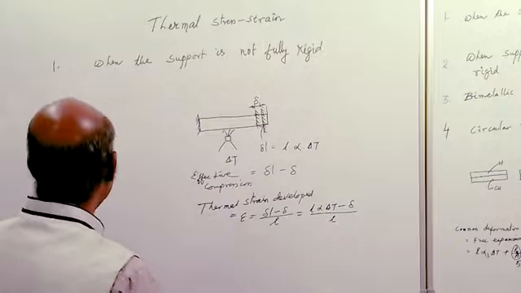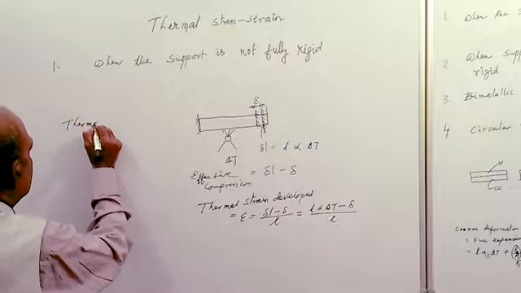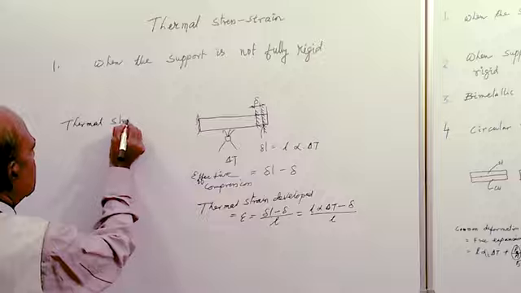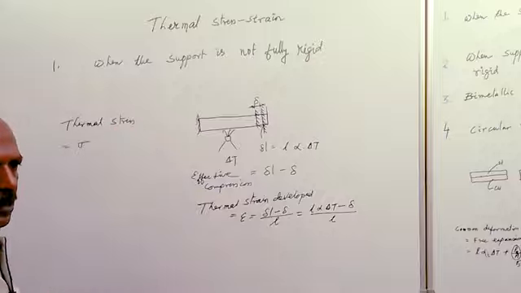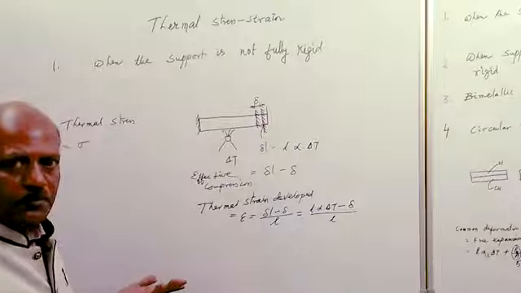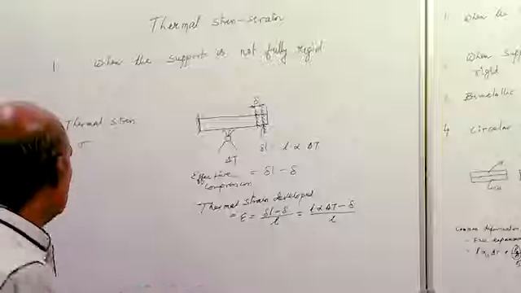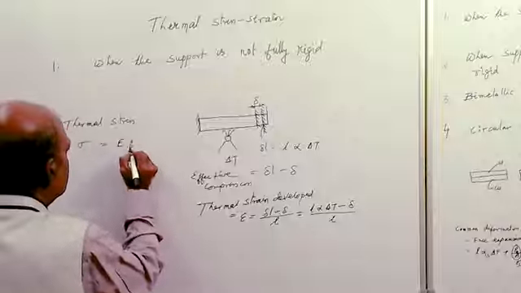Now what is the thermal stress developed? The thermal stress, say it is given by sigma, by using Hooke's law is equal to E into epsilon.